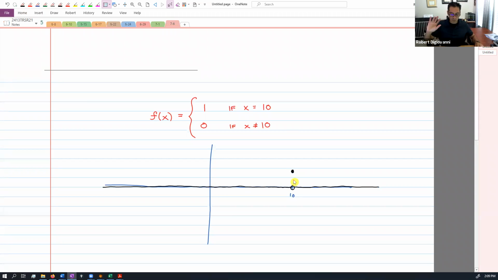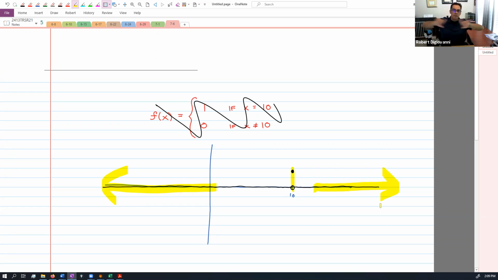So if you were to sit here and look at this function and just look at its graph, unless you knew this, if you were to be looking over here, all the way that way, or over here, all the way out, for an infinite number of values to the left and to the right, it's 0.